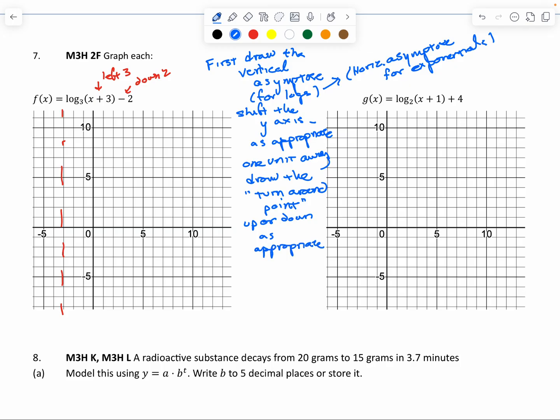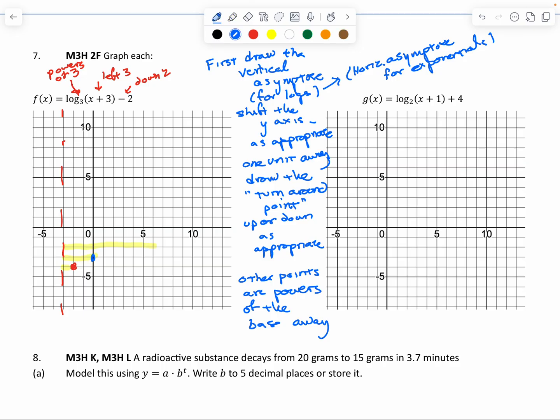This one says down 4, so 1 unit away from the vertical asymptote. And then last but not least, it's powers of 3. Okay, so let me do this with 1, 3, and 9. 27's too far, so that's the only ones I'm going to plot.